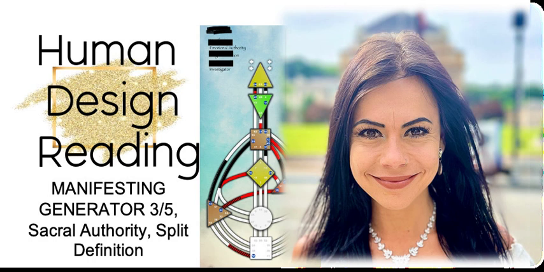So your personality, what I mentioned earlier, how you come across to yourself and the world, is a 3-5. So just quickly, right before I dive into it, your energy type is a manifesting generator, which means that you have life force to sustain and do different projects, and you have a lot of energy to do them, and you make decisions quickly.